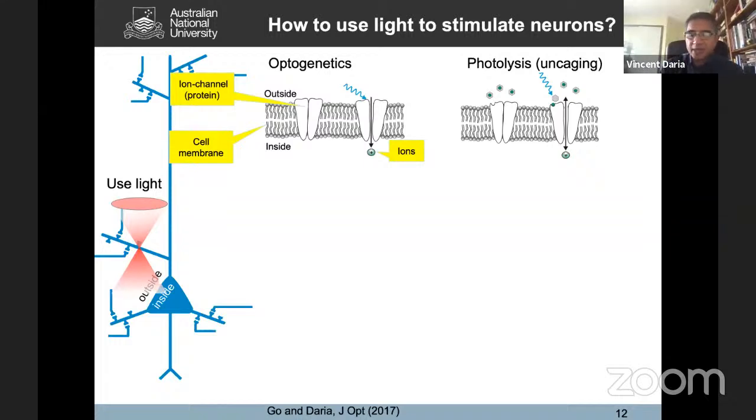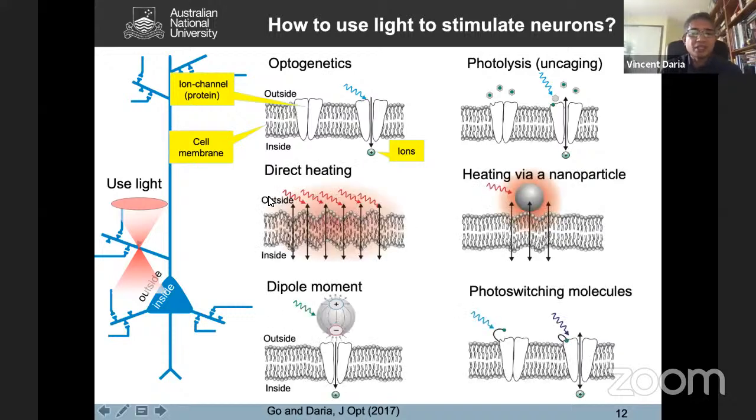There are many other ways to use light to stimulate cells. You can heat the membrane, and then the membrane becomes porous and allows ions to go in. You can use heating via a nanoparticle, something like this one here, and then some of the particles would go in towards the cell.